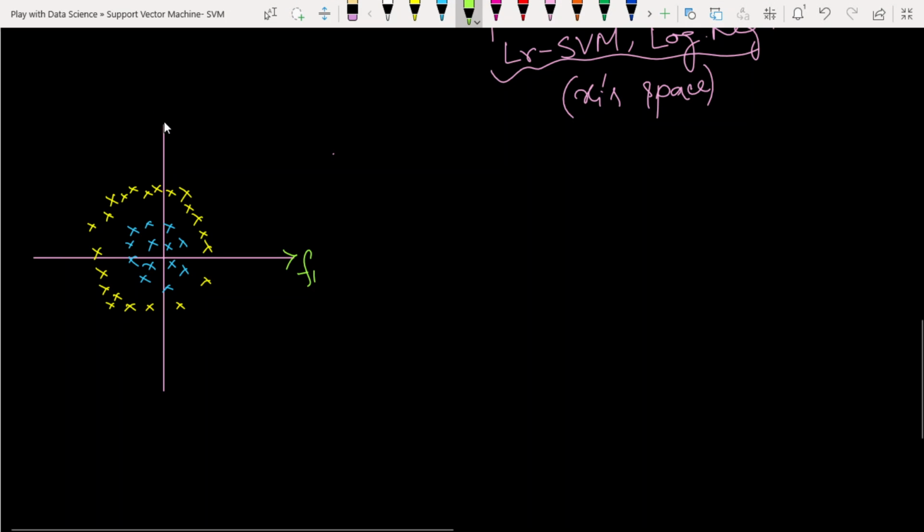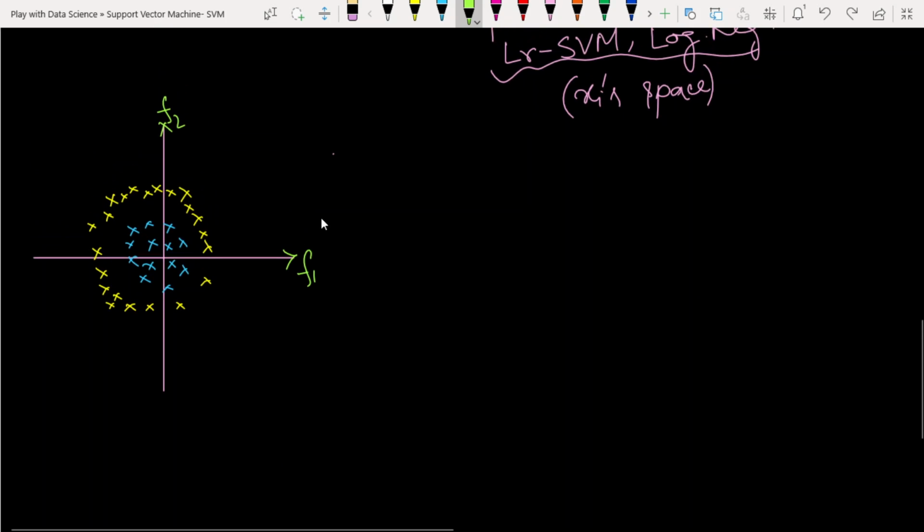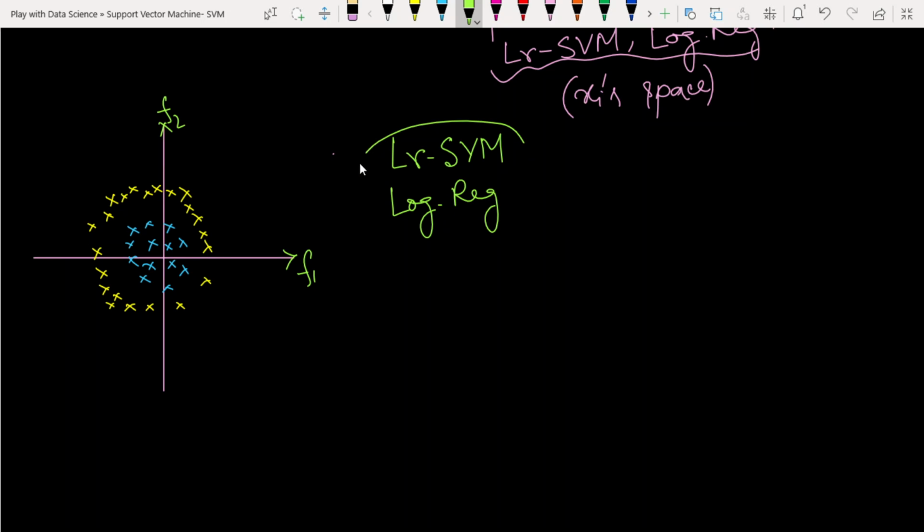If this one is the f1 feature and this one is the f2 feature, no linear SVM or logistic regression technique can separate this data. These techniques would fail.